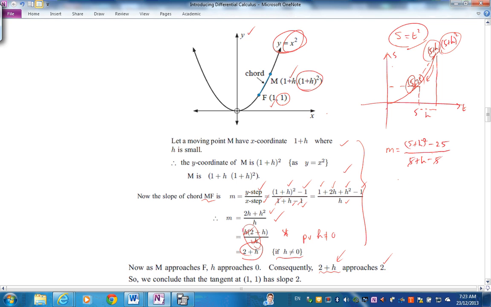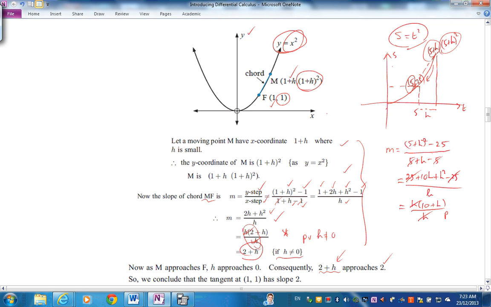Okay, so it's that. And let's expand this. 25 plus 10h plus h squared, take 25 over h. It's all going to be the same math, mate. So let's factorise the top line. 10 plus h over h.